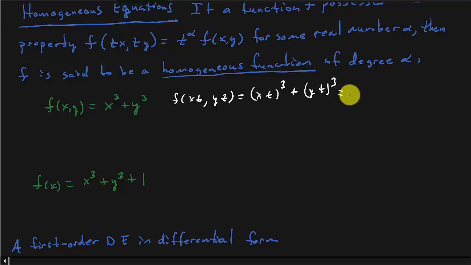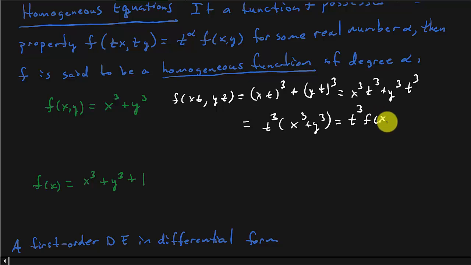This gives us x cubed t cubed plus y cubed t cubed, and you can see we can factor out a t cubed. That's t cubed times x cubed plus y cubed, so this is t cubed times f of x, y.